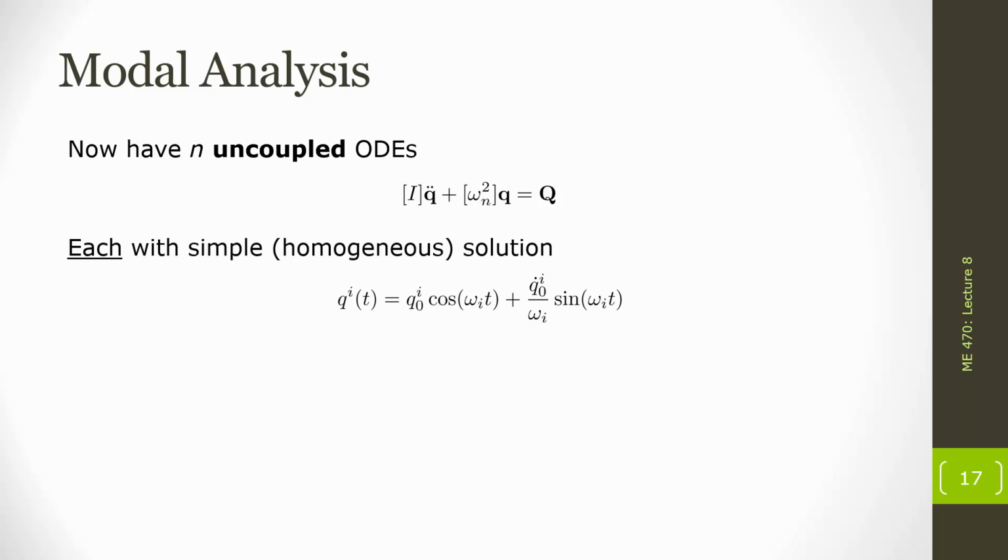So the solution for each one of these q's, q1, 2, 3, and that's what the superscript here is indicating, which principal coordinate it is, 1, 2, 3, 4, or however many degrees of freedom we have, we can find relatively easily. Each one is going to oscillate only at its associated natural frequency. Notice here we only have the ith natural frequency.